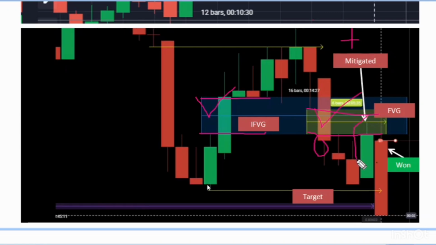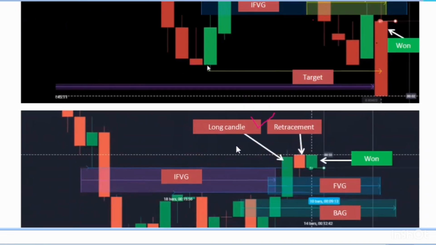So see, got a rejection from the inverse fair value gap and then fair value gap. So the target is here. So see, the below is the target, we still have room available. So see, this is the winning trade. Okay, so this is how you can analyze the chart, and then you can take click.